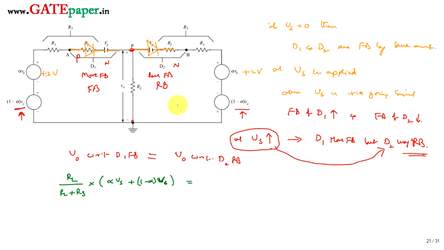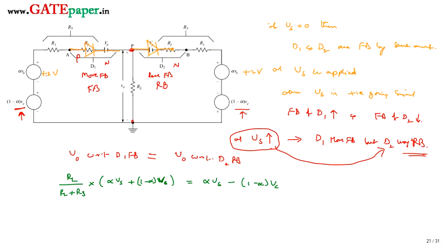That is equal to, now no current flows since the diode enters reverse bias. Whenever no current flows, there is no voltage drop across R3. So the voltage at the output with respect to D2 is the sum of these two voltages, that is alpha Vs minus 1 minus alpha times Vc.